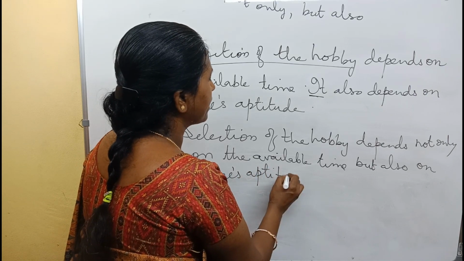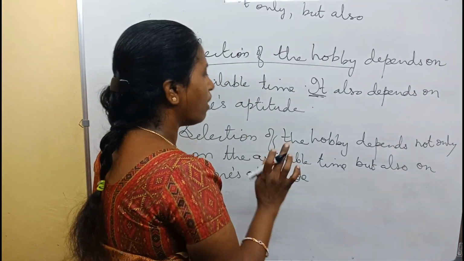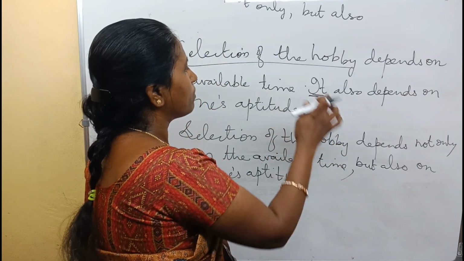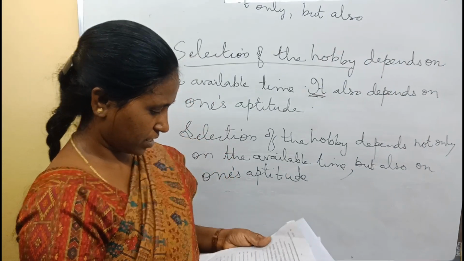So we are avoiding the repetition of it, which denotes selection of the hobby, and making the comma full stop into comma. Okay, right.